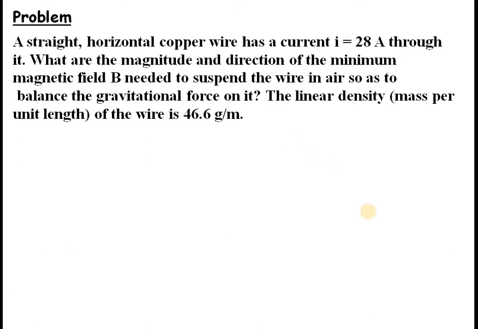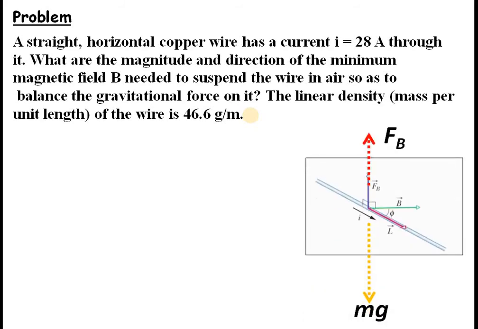Okay. So based on this phenomenon, you can solve a number of engineering and physical problems. This is the first question, taken from Halliday and Resnick. A very simple question. A straight horizontal copper wire has a current of I equal to 28 ampere through it.